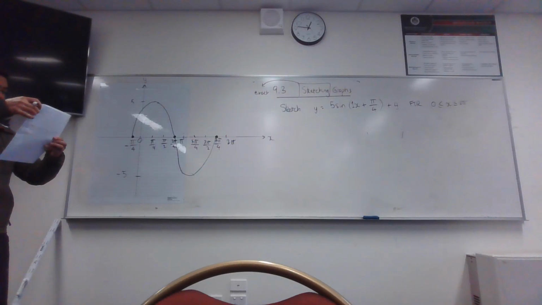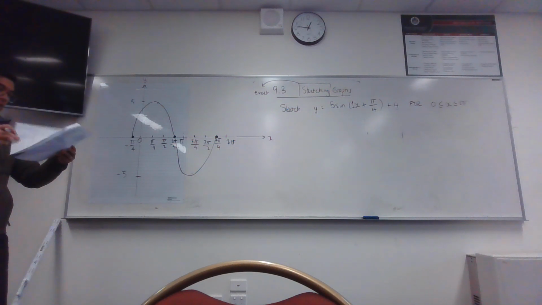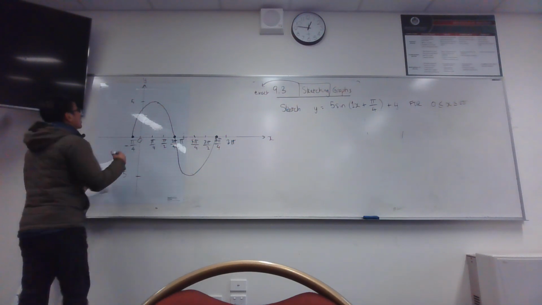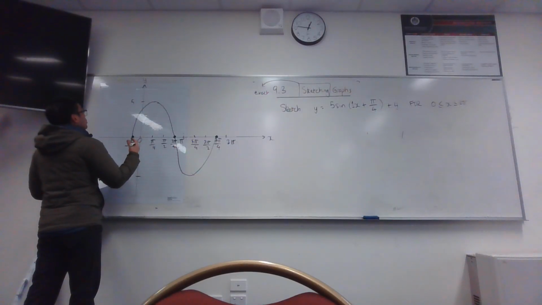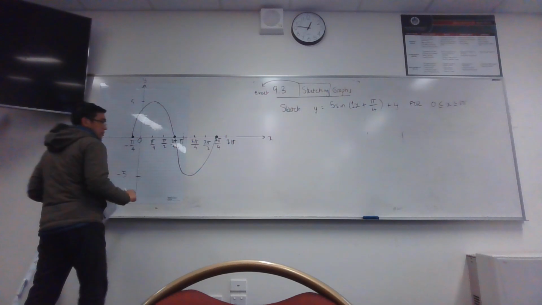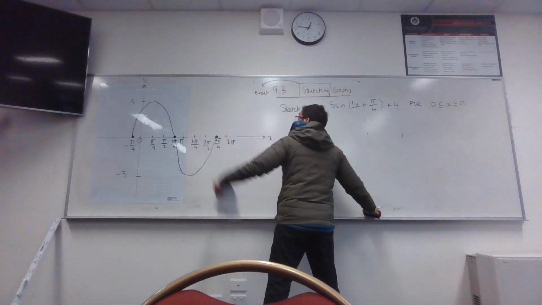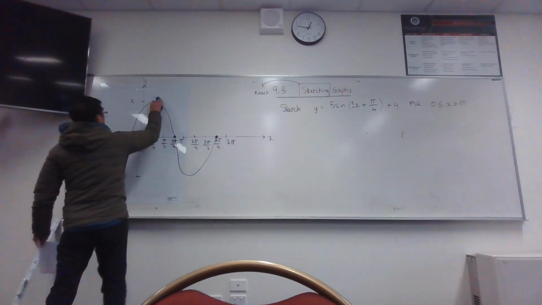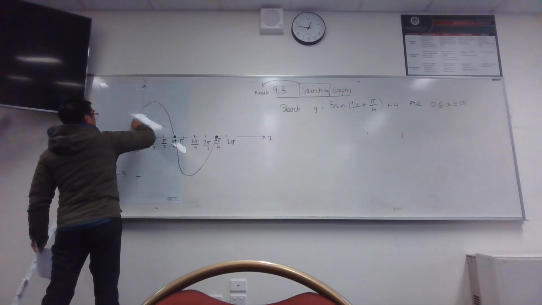Alright. Let's get cracking with this question. I'm just going to move it up by 4. It's going to be a bit tricky because I made it too small. I need to draw this on the wall if I want to do this. So let's go.